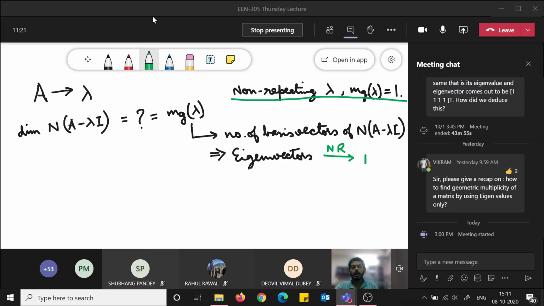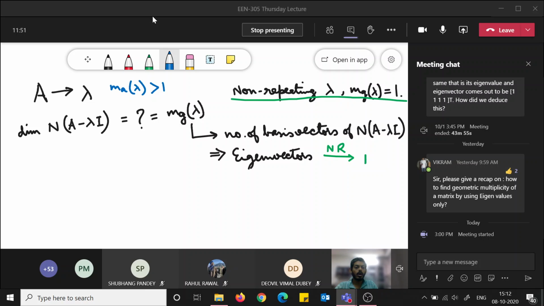However, if your eigenvalue is repeating, that means your algebraic multiplicity of lambda is greater than 1, then what the geometric multiplicity will be is a question to be answered.